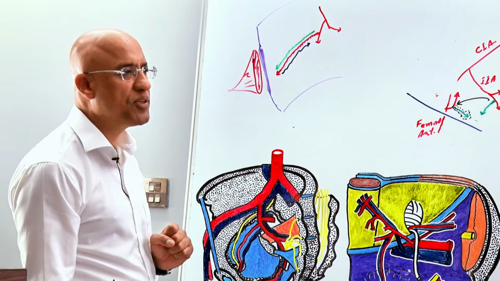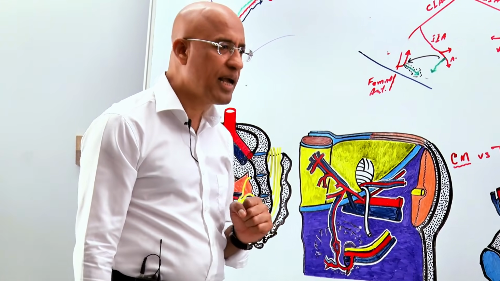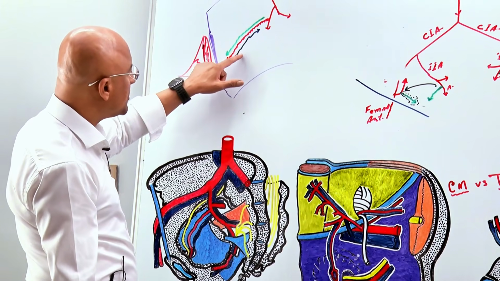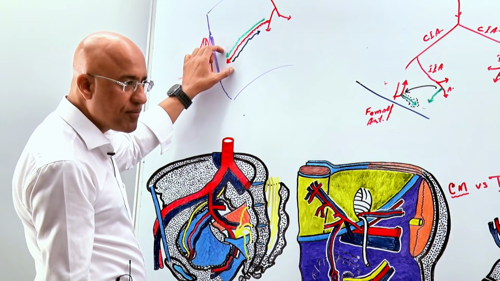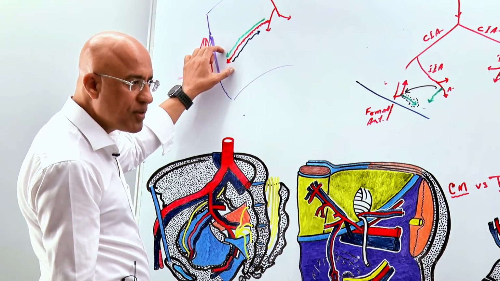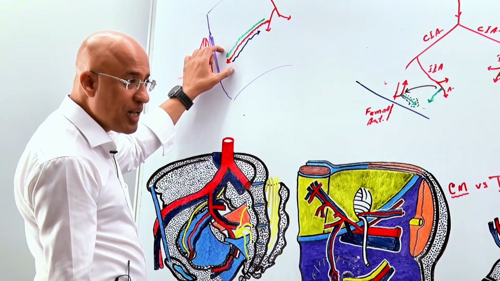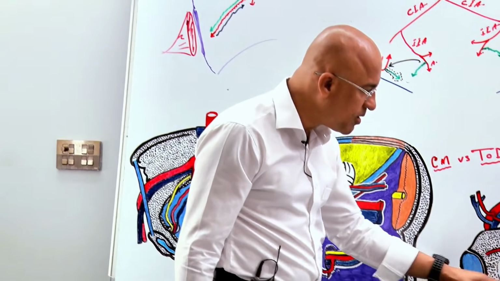Obturator canal is basically 2 to 3 centimeters long, and this obturator canal is made by splitting of which fascia? Obturator fascia, right? So this is the obturator foramen.